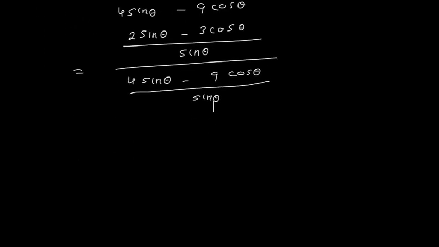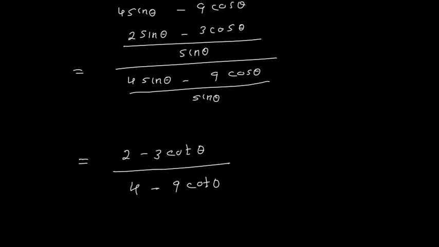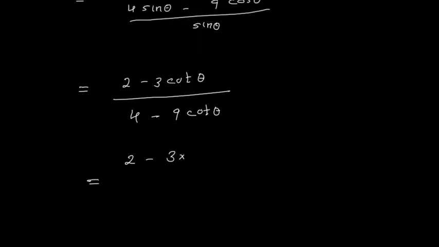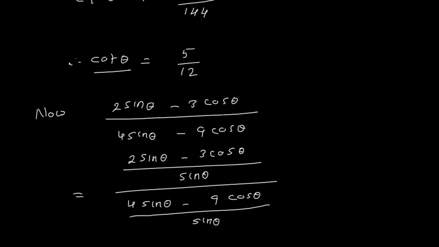So 2 sin theta upon sin theta will be 2. So this is 2 minus 3 cos upon sin is cot, 2 minus 3 cot theta upon 4 minus 9 cot theta. So this is 2 minus 3 into the value of cot theta. What is the value of cot theta? We got the value of cot theta as 5 upon 12.